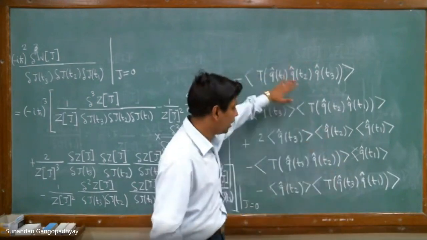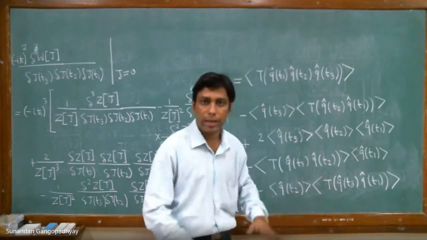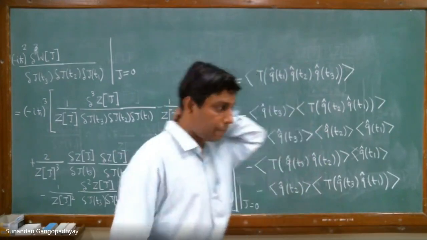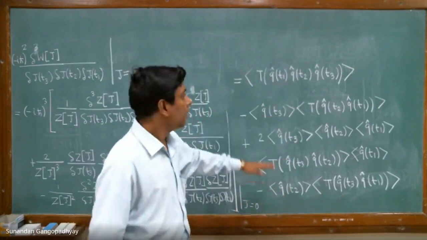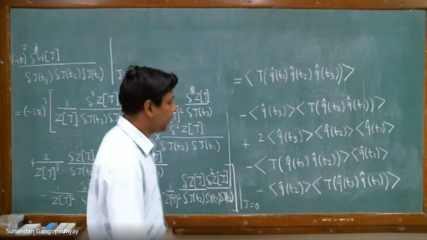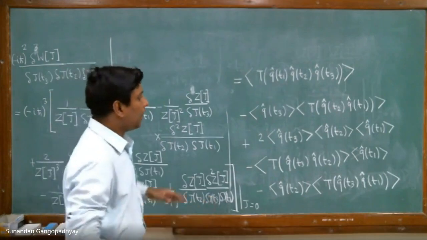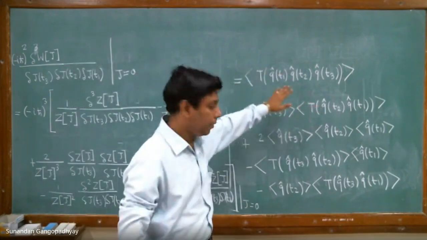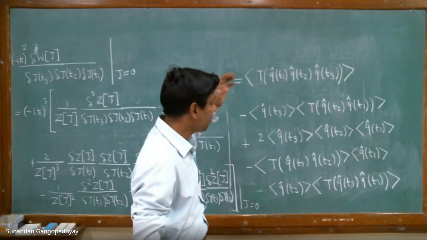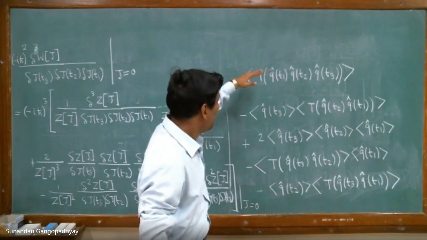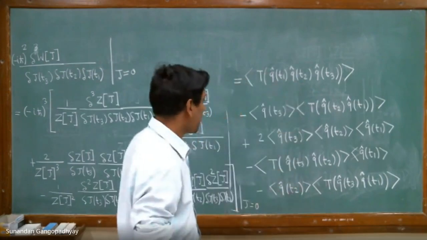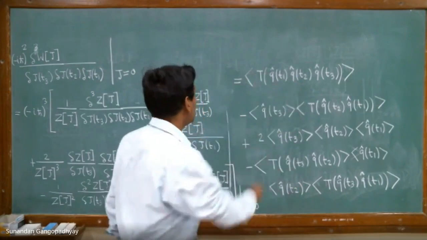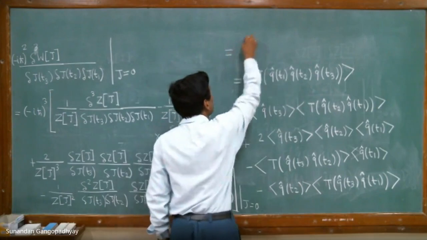All these expressions have a corresponding diagram, and therefore you can write it in terms of that. But let us not do it for the time being. Let us not worry about Feynman diagrams at this moment. But you can see that these terms have a particular structure, and now you can combine all these things in a very neat form as before.